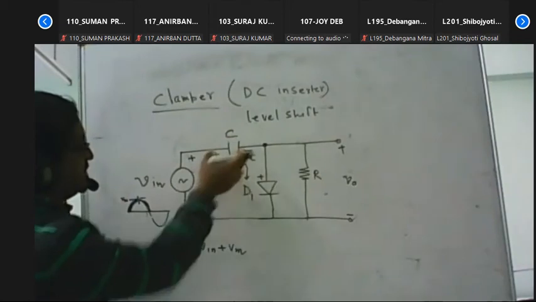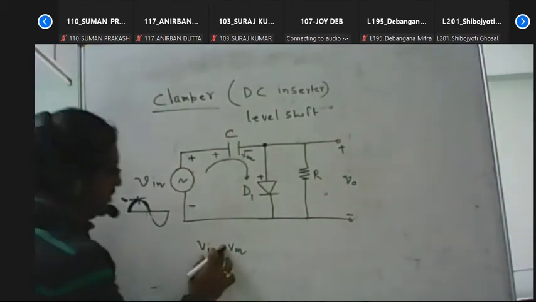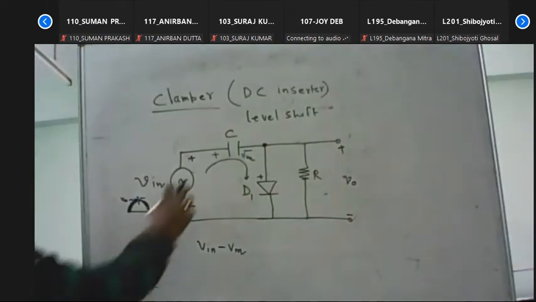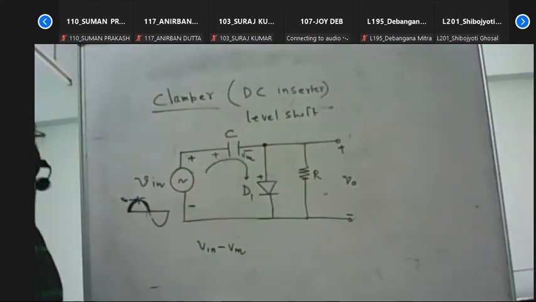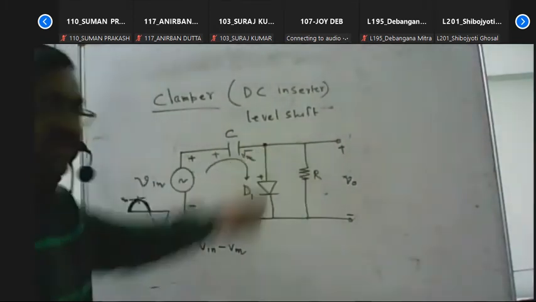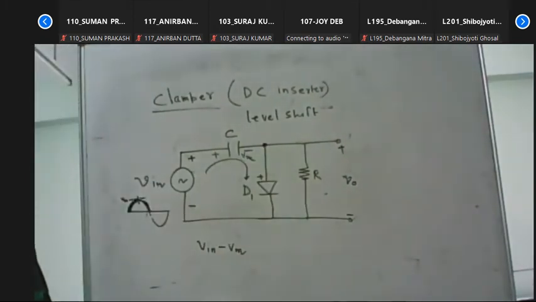Here the capacitor will be charged. Sorry, it is V minus VM, that is, V positive minus VM. So the voltage at that point is V minus VM.